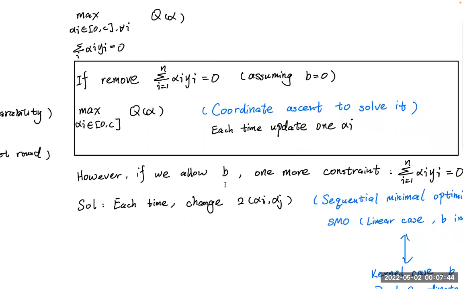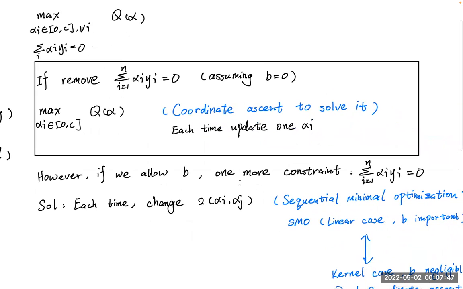If we allow b, then we have one more constraint, summation alpha i yi equal to 0. If we still use coordinate ascent, each time you update one alpha i, you are going to violate this constraint. Therefore, each time you need to update at least two different alphas, alpha i and alpha j. This is a slight extension of coordinate ascent: instead of updating one coordinate, you update two coordinates.